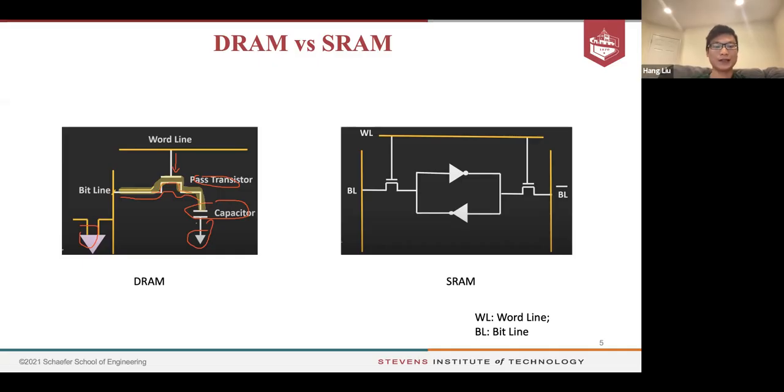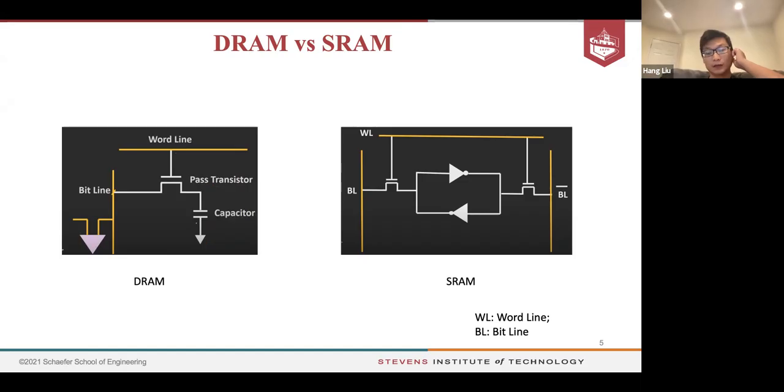Once the charge is released, we have to refresh it. Even if we didn't read it, the capacitor is going to leak some charge according to the DRAM design. So we always have to recharge it. That's why DRAM requires refreshing.